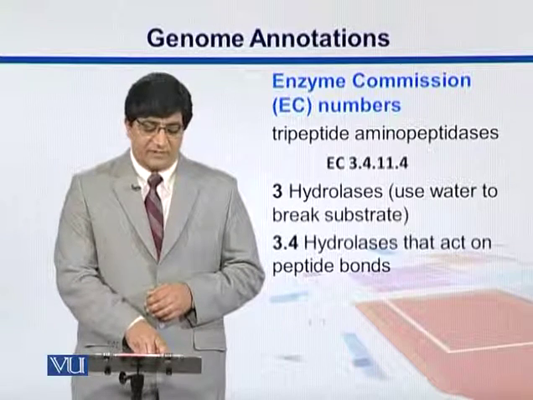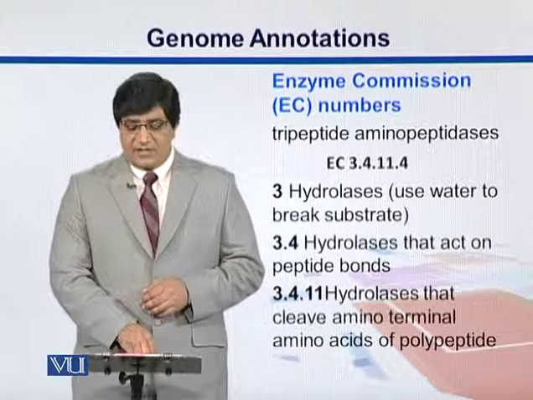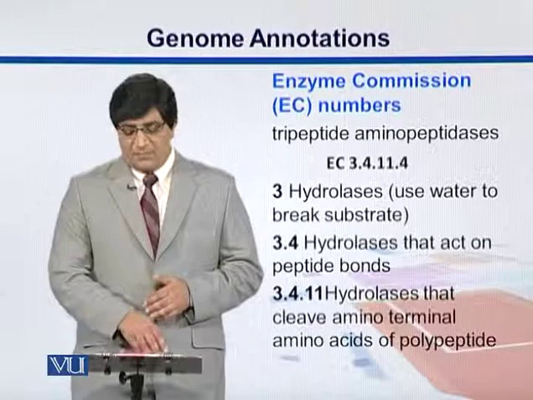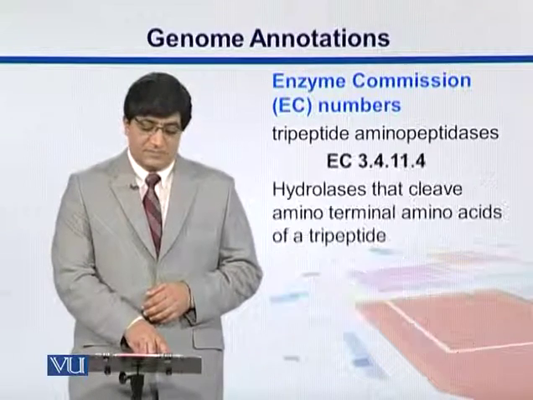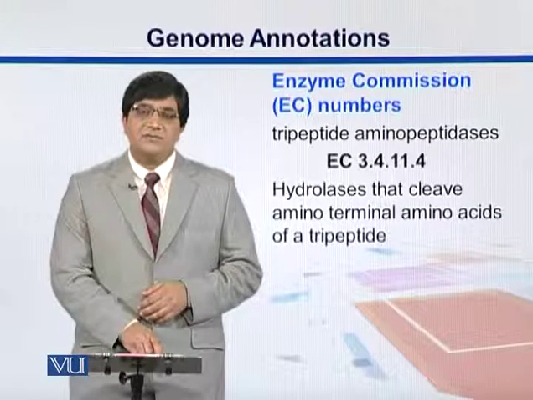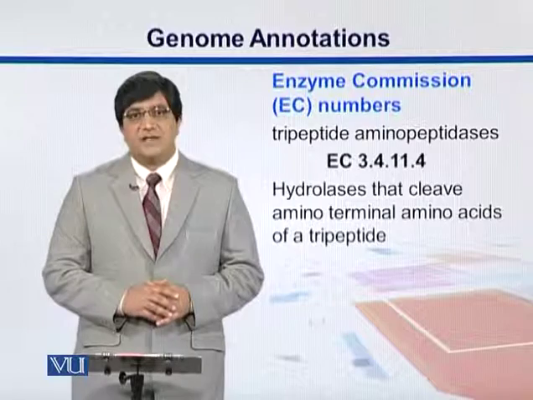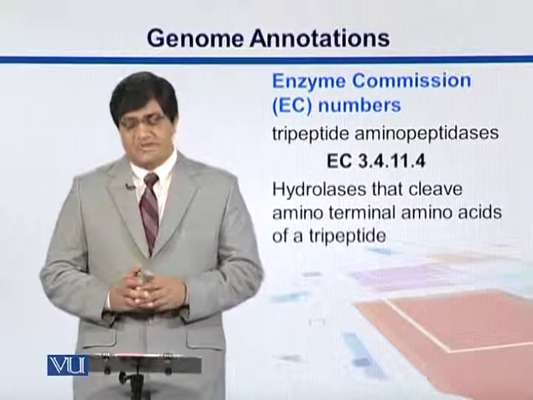So it's kind of breaking some proteins. 3.4.11 means actually it's a hydrolase that cleaves the amino terminal amino acids on a polypeptide. And the last digit 4, putting everything together. So these are actually the hydrolases that cleave the amino terminal amino acid of a tripeptide.